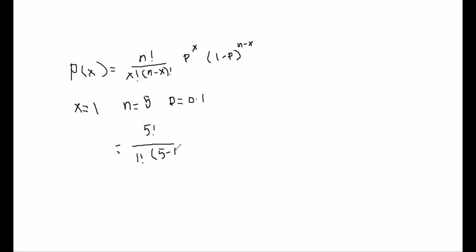Remember to put the brackets in the calculator when you do it directly in the calculator. Then p is 0.1.